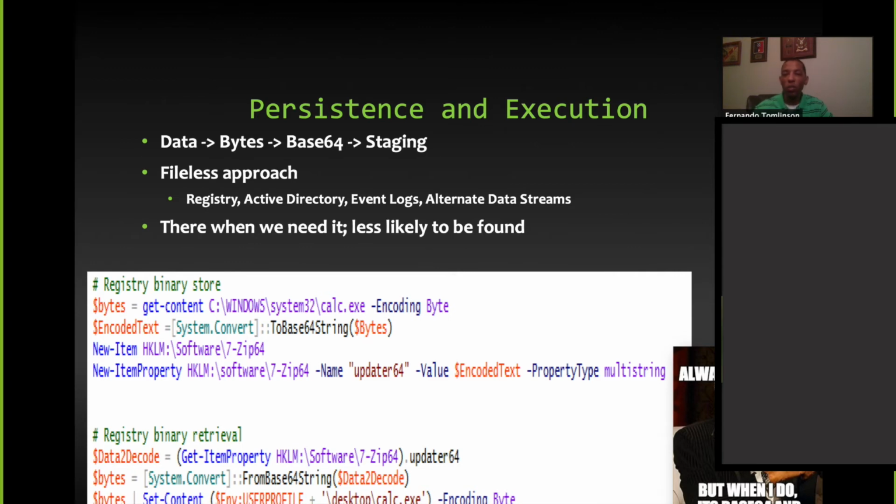Okay, awesome. Nothing heard. So we also have the ability to do some persistence and execution. In this case, we're going to take data. Let's say the data is called, in my example, the second line there, where it says bytes, I'm actually taking calc.exe, which is calculator. I'm taking that executable, and then I'm going to convert it to bytes, a series of numerals, integers.